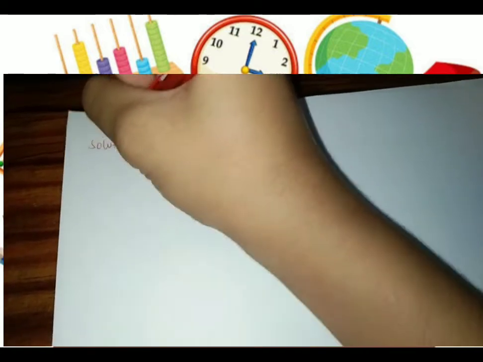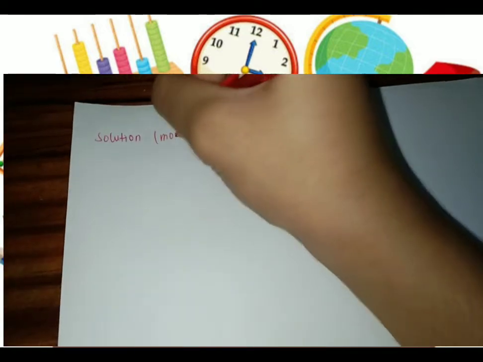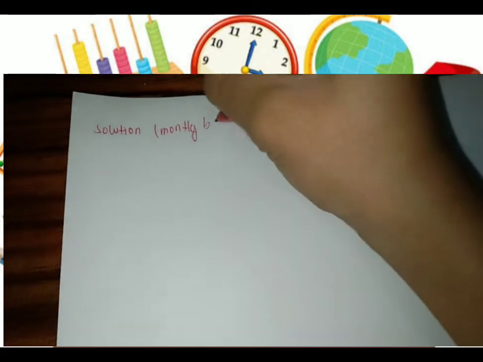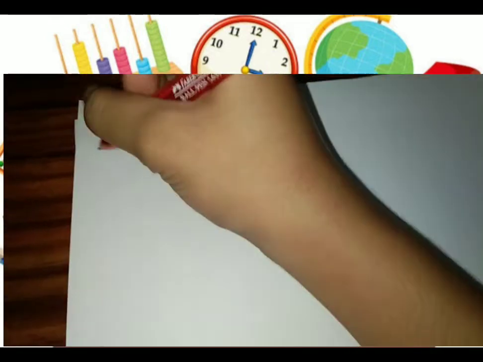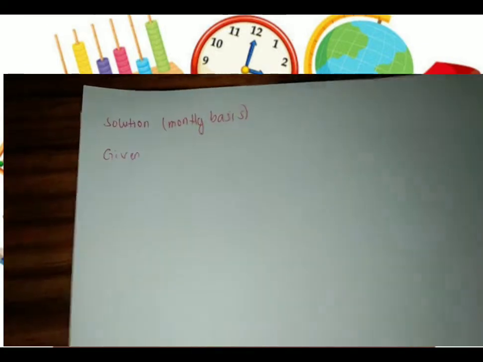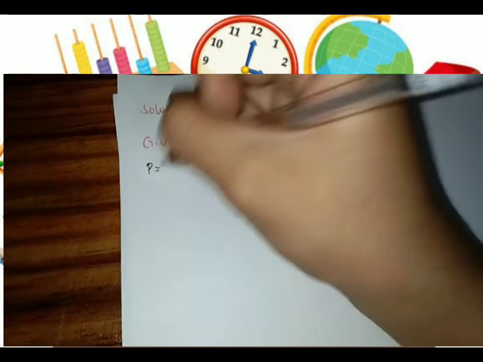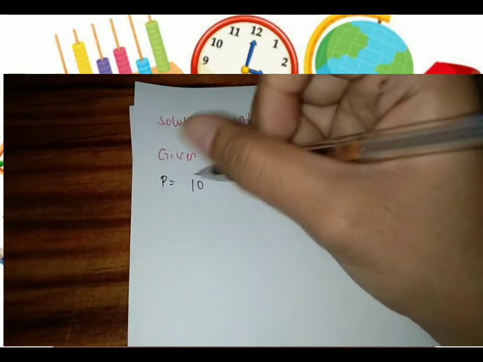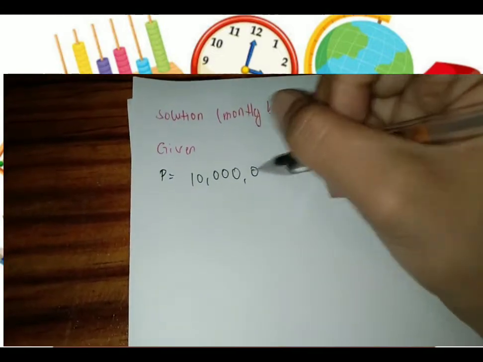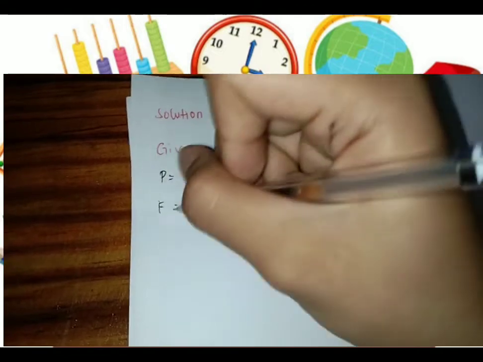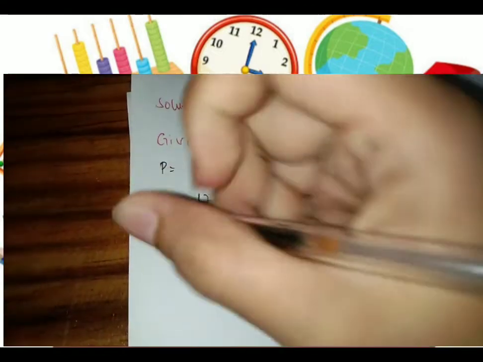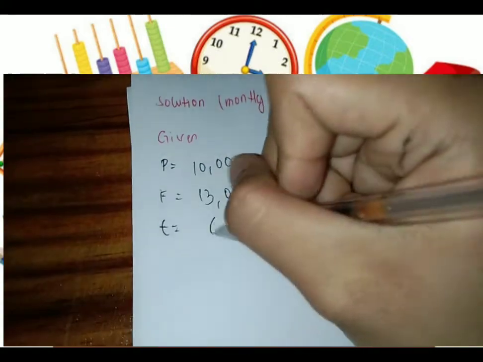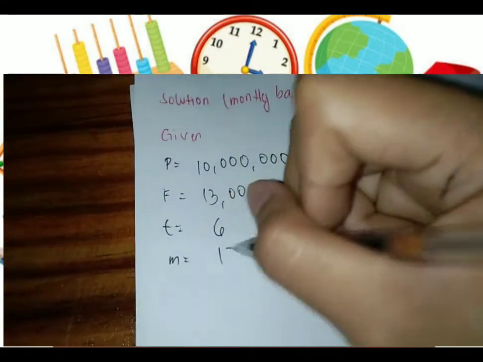In our monthly basis, the given is P equal to 10 million, our F is equal to 13 million, our time is equal to 6, our M is equal to 12.